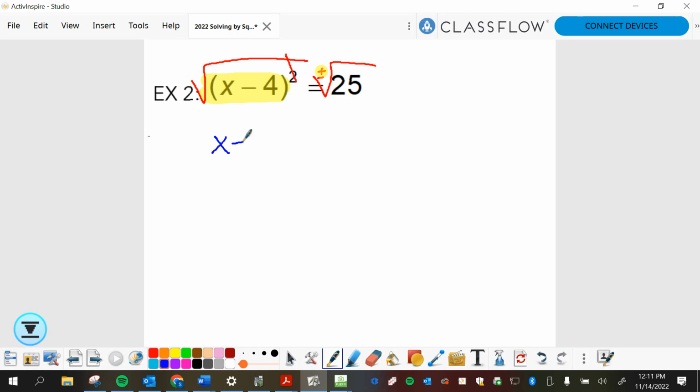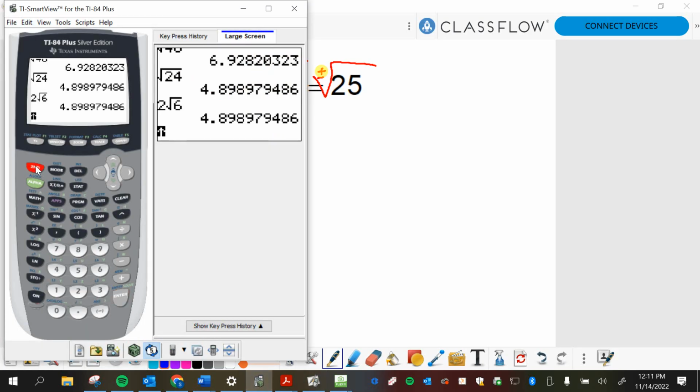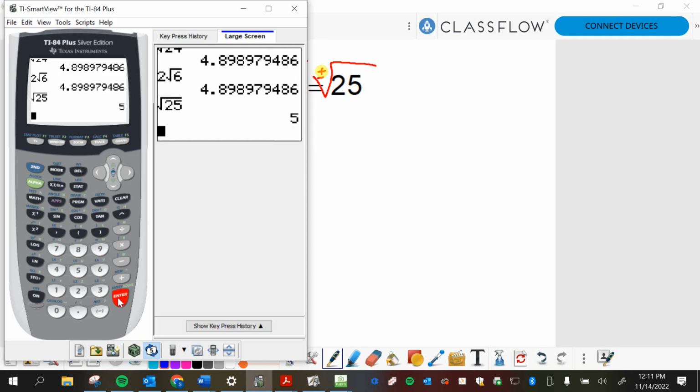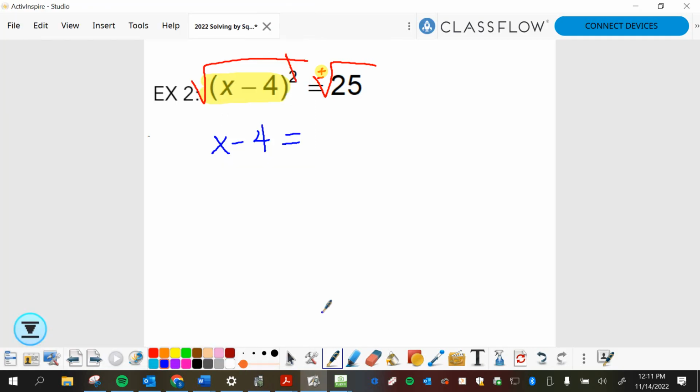Okay? All right, now what do I got? I got x minus 4 is equal to, and then we can ask our calculator, hey calculator, what's the square root of 25? Is it a trash decimal? No, it's a good number. It's 5. But it's not just 5. Yeah, it's positive and negative 5. So I have to solve two equations here.